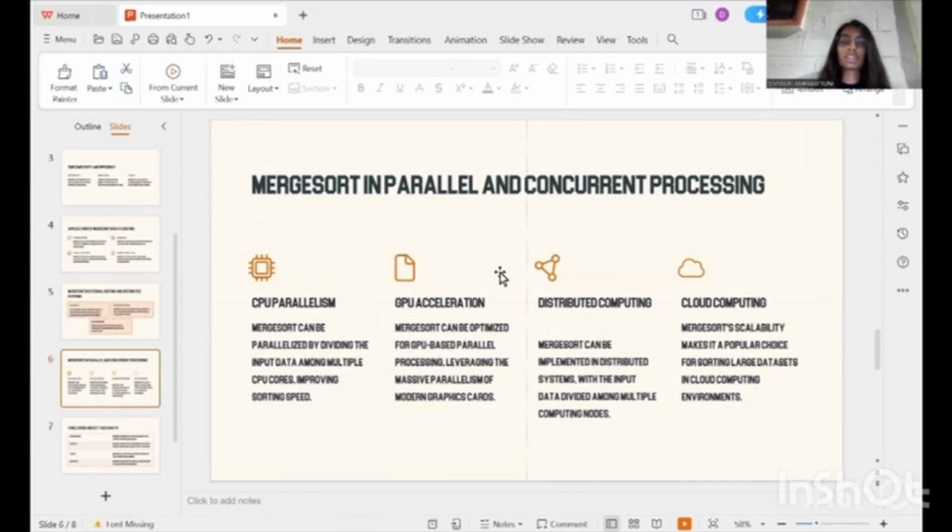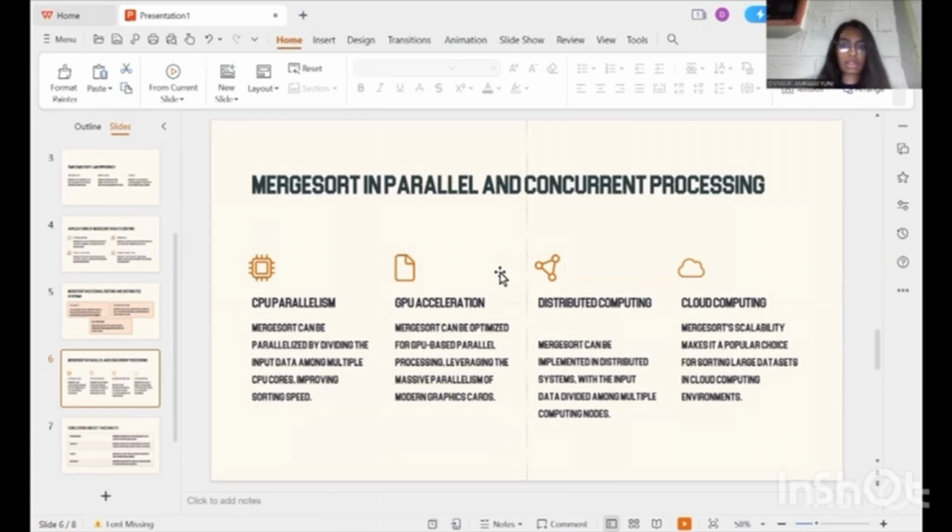This is handled by the central processing unit, the CPU. The CPU has a number of cores, and the number of tasks performed simultaneously depends on the number of cores the CPU has. This will be handled by merge sort.